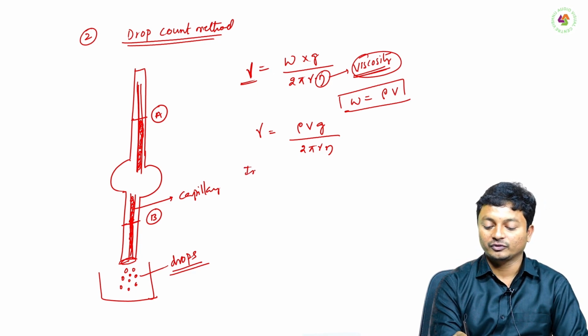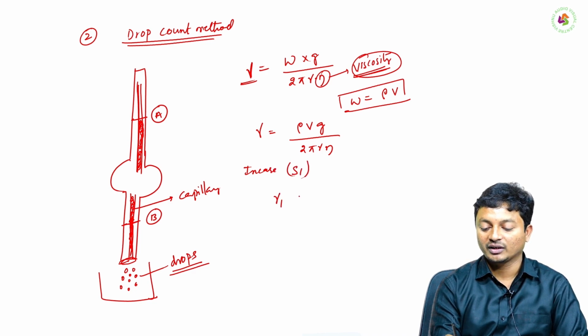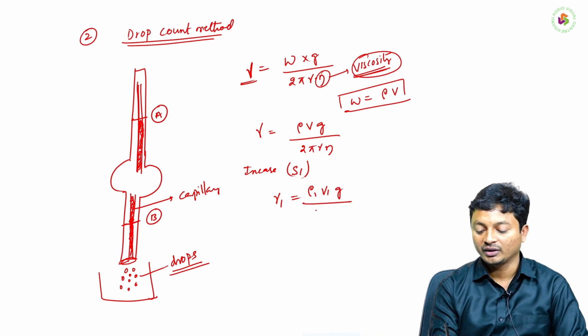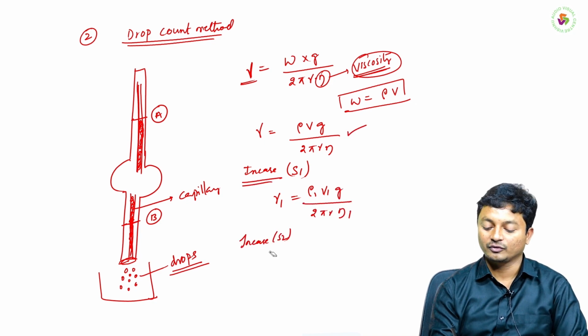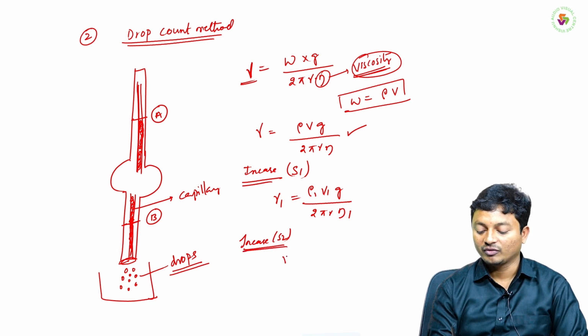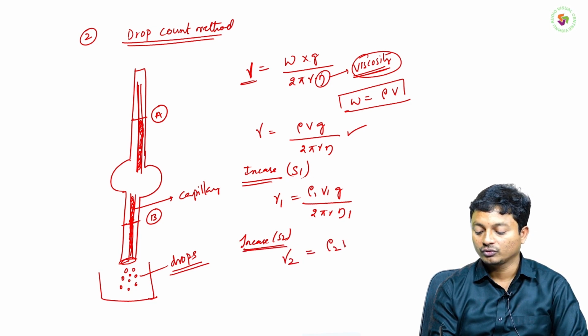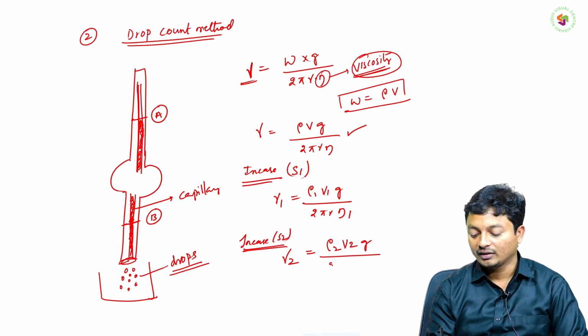In case of sample 1, gamma 1 can be written as rho 1 V1 G divided by 2 pi R eta 1. In case of sample 2, the gamma value, that is gamma 2, can be written as rho 2 V2 G, that is gravitational force, divided by 2 pi R eta 2.